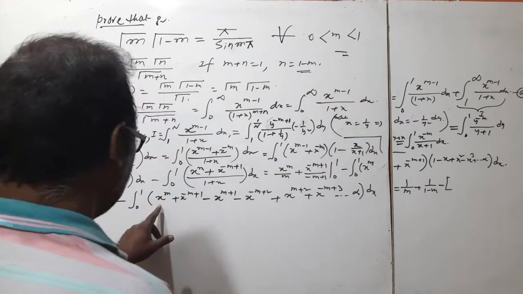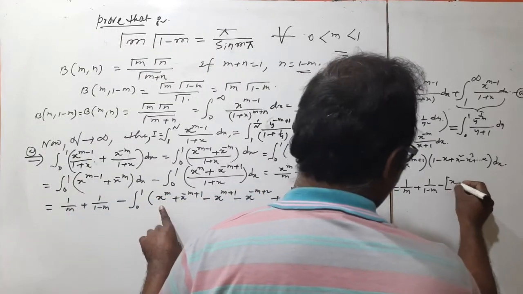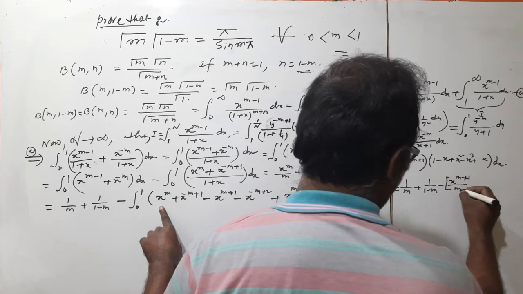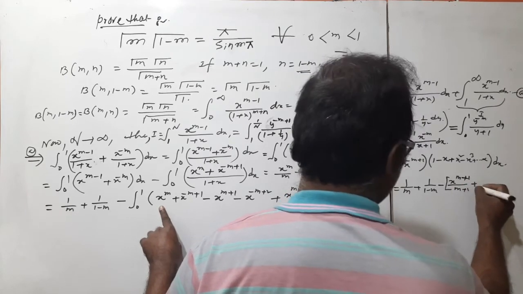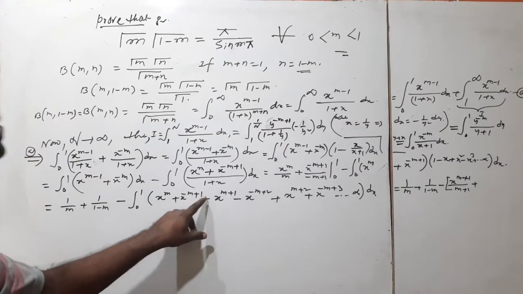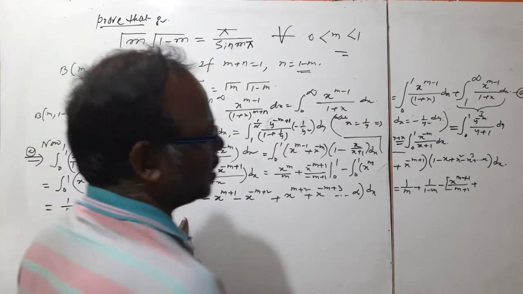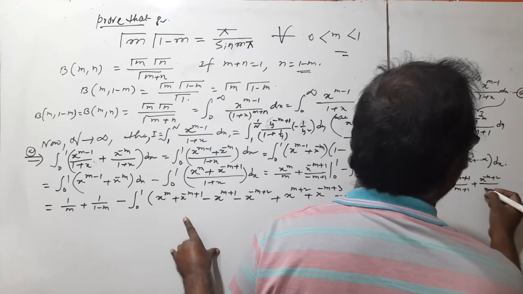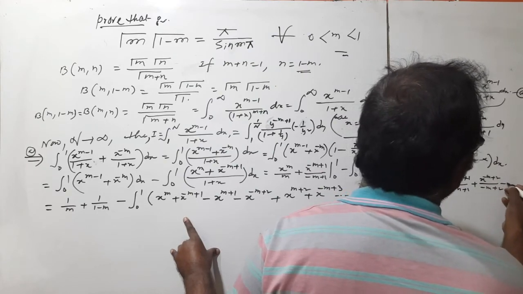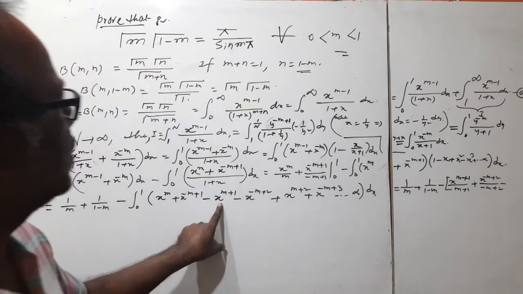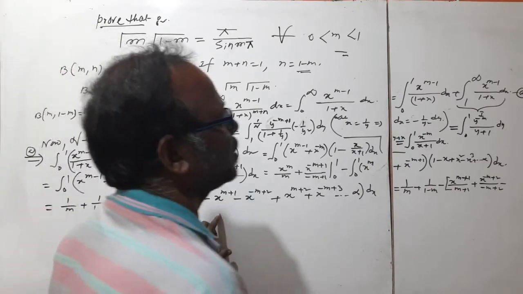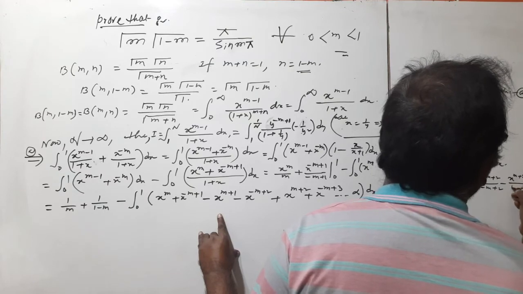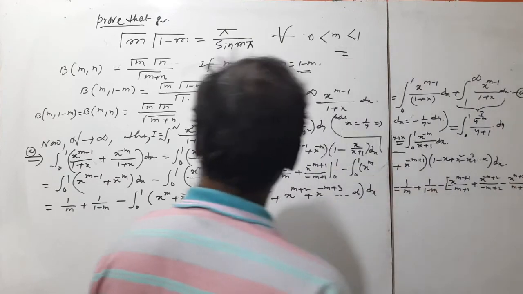So if we integrate, then x to the power m plus 1 over m plus 1, plus x to the power minus m plus 2 over minus m plus 2. This is minus x to the power m plus 1; if we integrate, this is x to the power m plus 2 over m plus 2.